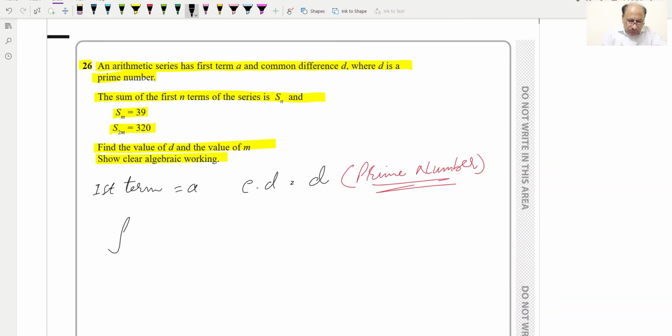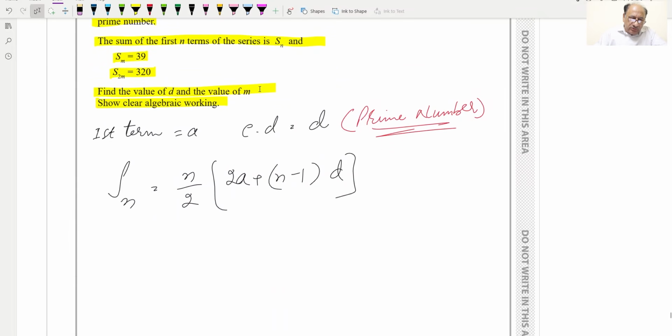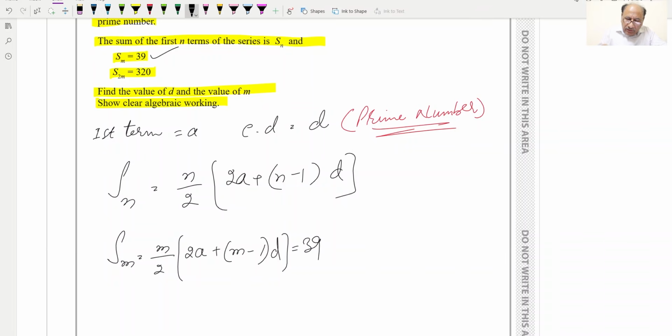The formula is basically Sn is equal to n by 2 into 2a plus n minus 1 into d. Now for Sm, we know Sm is equal to 39, which is provided. So Sm will be equal to m by 2 into 2a plus m minus 1 into d, and we know this is equal to 39.